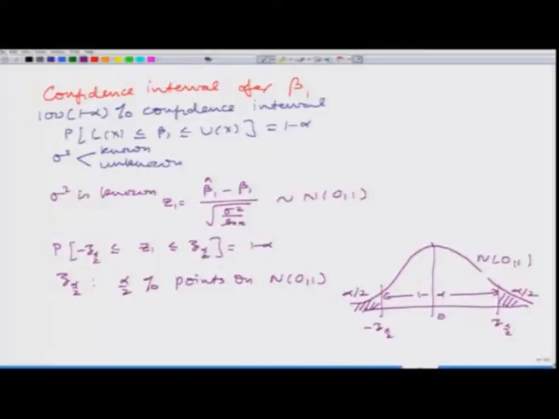These values can be obtained from the tables, and these are standard well-known values, depending on whether alpha is 1% or 5% and so on.